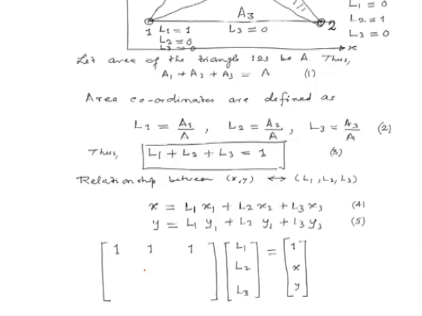This first line represents equation 3. In the second row we put the x coordinates x1 x2 x3, so that x1 L1 plus x2 L2 plus x3 L3 becomes our x coordinate, and then y1 y2 y3 in the third row, so that y1 L1 plus y2 L2 plus y3 L3 gives us our y coordinate.